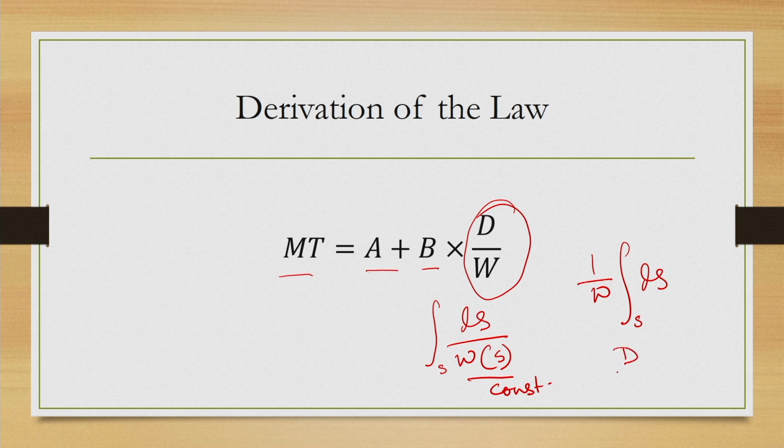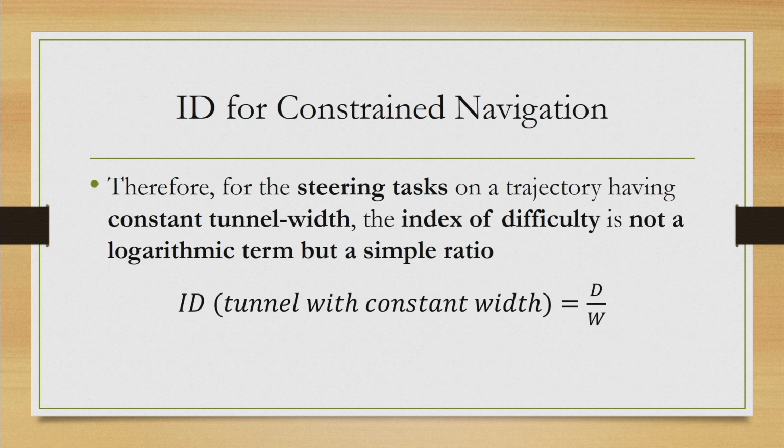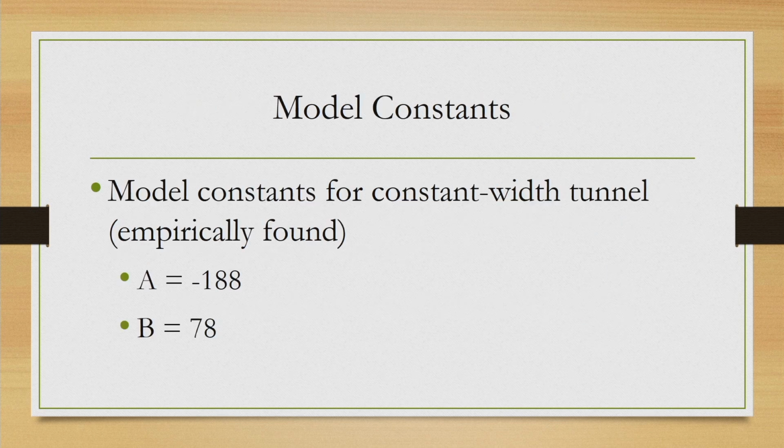So, we get d by W as the index of difficulty for a tunnel path having constant width. Now, the model says that for computing movement time, we have to use the equation A plus B into d by W.